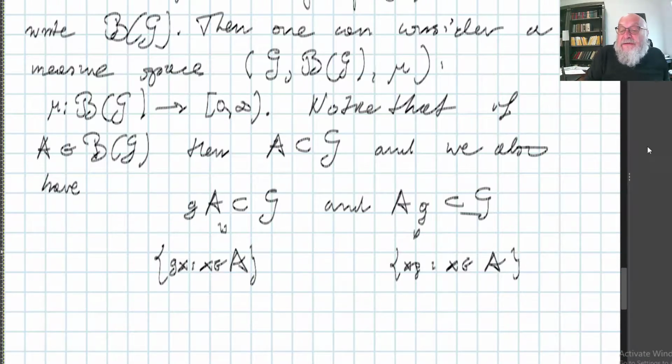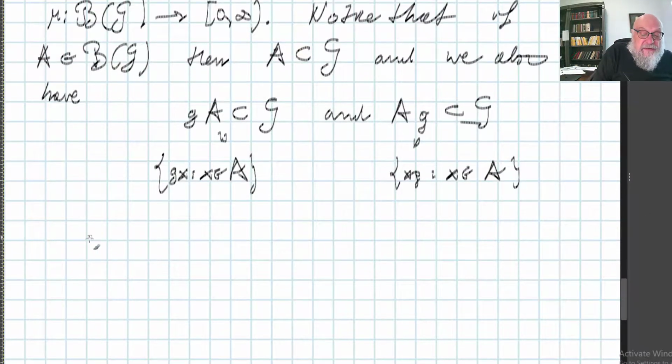So clearly, by the continuity of the operations of multiplication, you can easily notice, and even here you can replace it by inverses, of course. You can also notice that here we have the set A to the power minus 1, which is the set of x to the minus 1 such that x belongs to A. So those are also Borel sets.